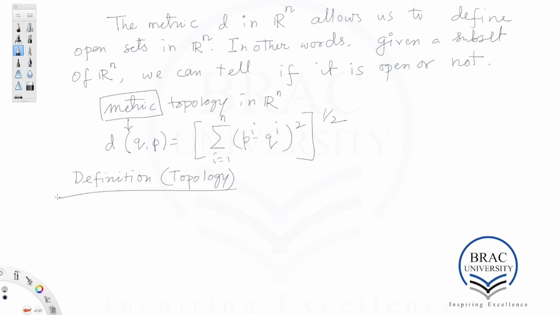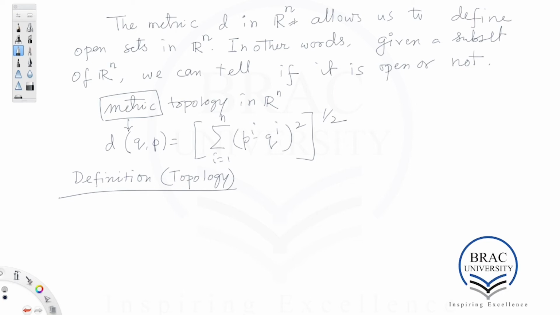Remember that for Rn we have seen that the union of an arbitrary collection of open sets is open, and the intersection of a finite collection of open sets is also open. So that motivates us to give the general definition of a topology on a given set.